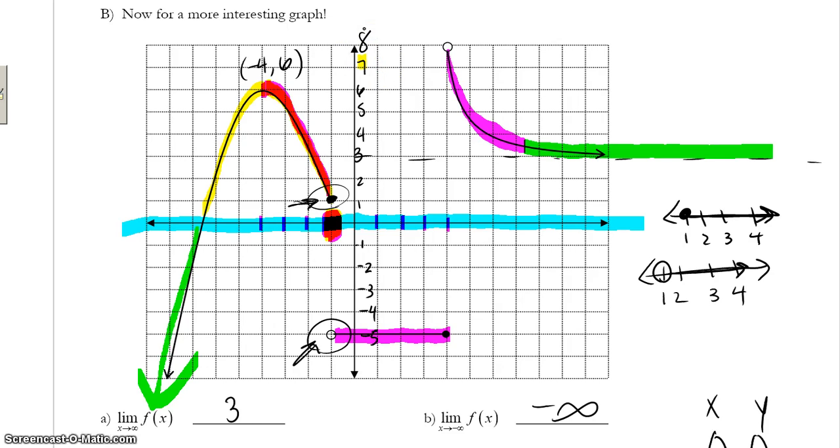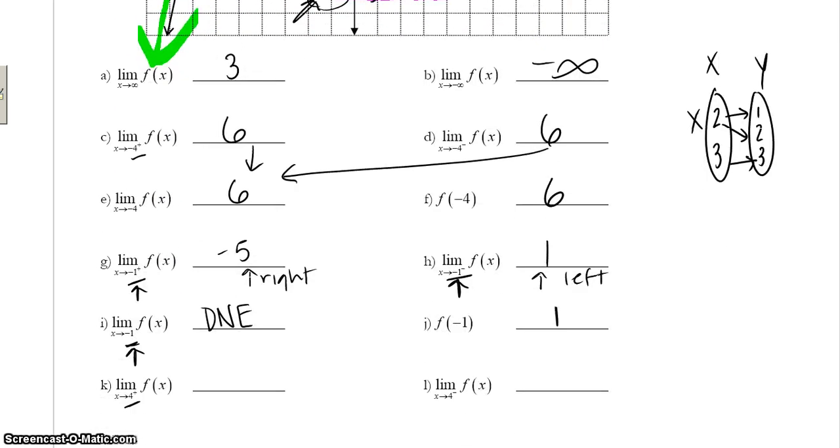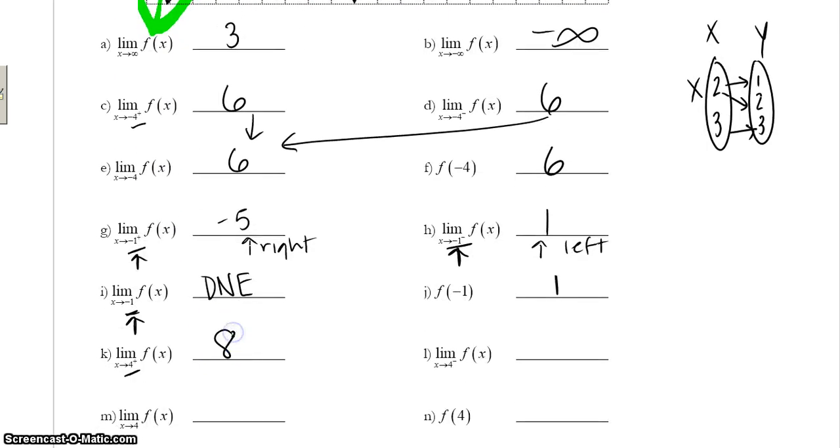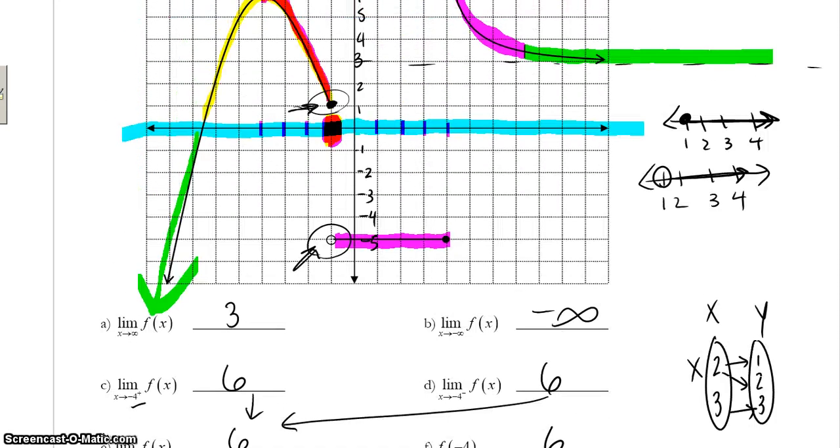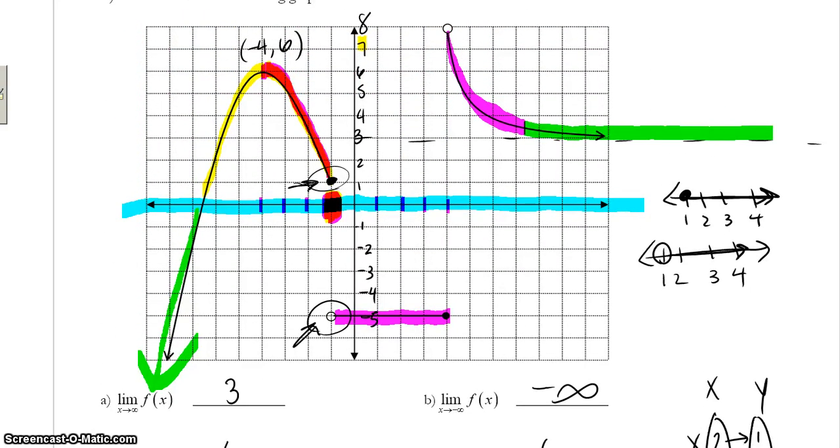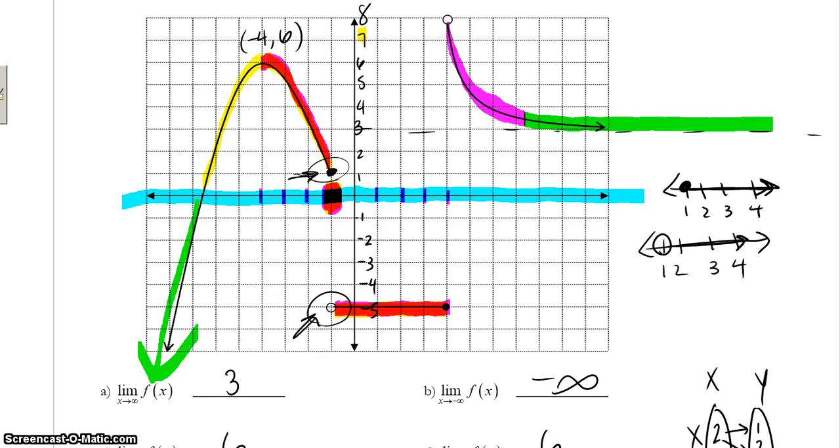Looks like it's 8. And as x approaches 4 from the left side, which means right here, f of x approaches negative 5.